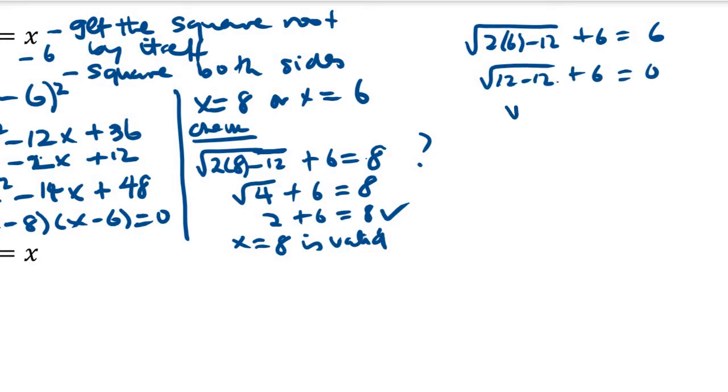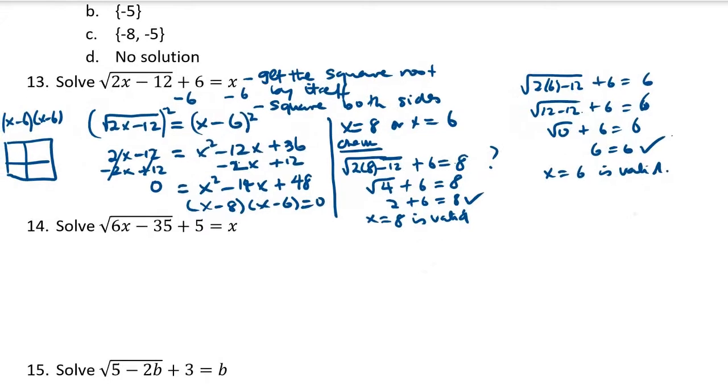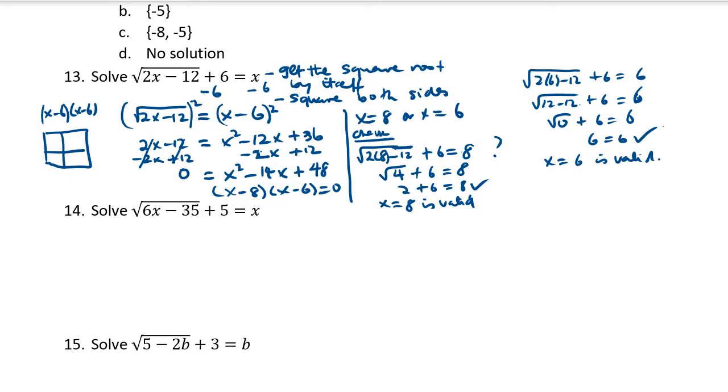Square root of 12 minus 12 is square root of 0, and then square root of 0 is 0, so 6 equals 6. That is correct. So x equals 6 is valid. All right, so now we are going to say our final answer is going to be 6 and 8. Okay, that's how you solve a square root equation.